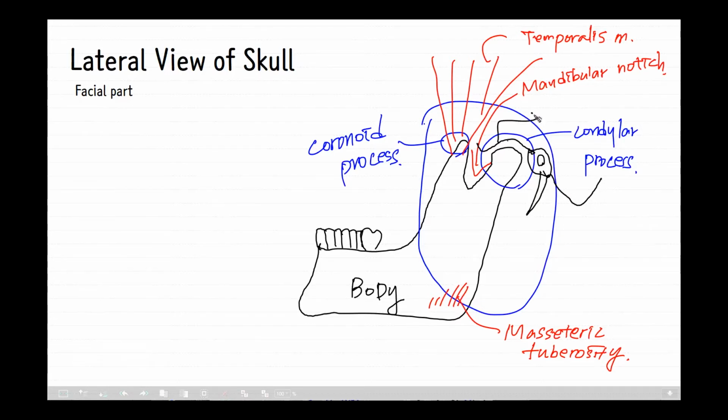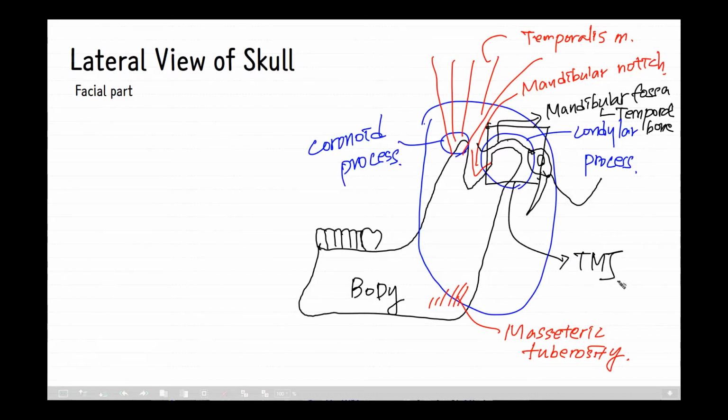And this is the mandibular fossa, which is located at the temporal bone. And this joint is the temporomandibular joint.